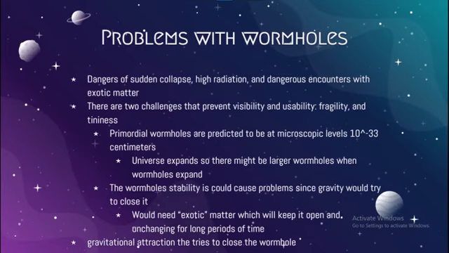There's this type of wormhole called primordial wormholes, which are very small. As you can see, it's 10 to the power of negative 33 centimeters. But it is said it is possible that these wormholes might get bigger as the universe expands. But the chance of that is very low, and the time it would take would probably be very long.